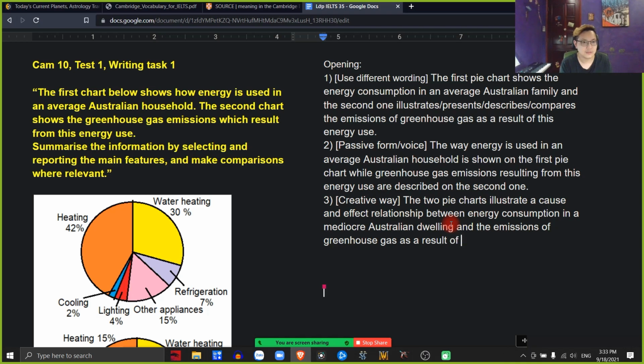As a result of this use, this energy use.